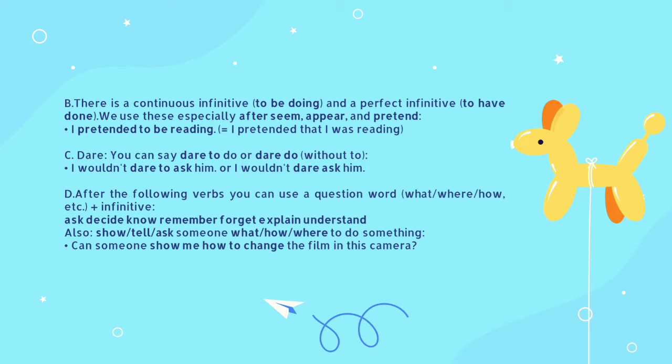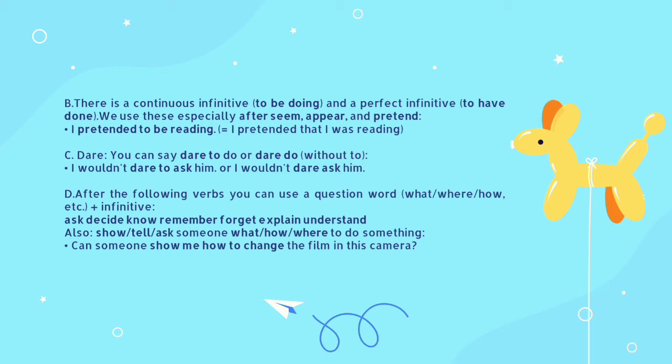C. Dare. You can say dare to do or dare do without to. Example, I will not dare to ask him, or I will not dare ask him. D. After the following verbs, you can use a question word, what, where, how, etc. plus infinitive.